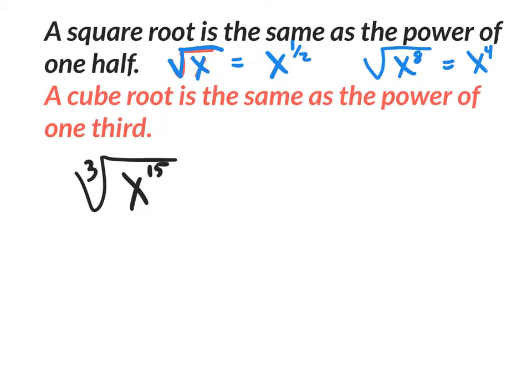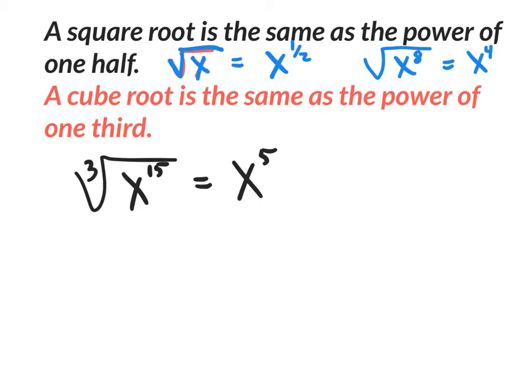Taking a look at this one, the cube root of x to the 15th power, what is that really? That's really x to the 5th. So it's beautiful when the power is divisible by 3, because after all, the third root is the 1/3 power, right? Dividing by 3.